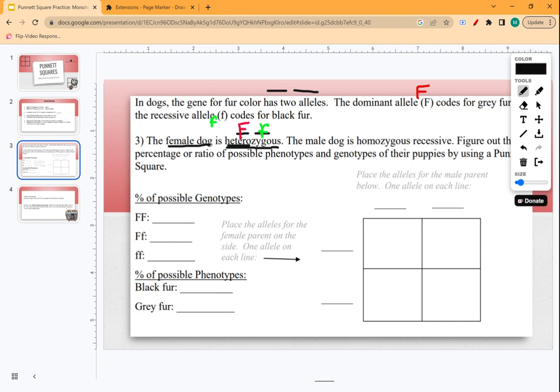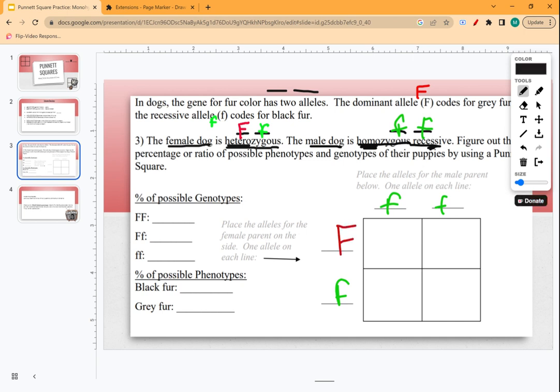Then we've got the male dog being homozygous. Homo means same, recessive. And the recessive was the little f. So when we have the genotype, the two traits are going to be little f, little f. So we're just going to put those down here, the male dog right here, and then the female dog right here.